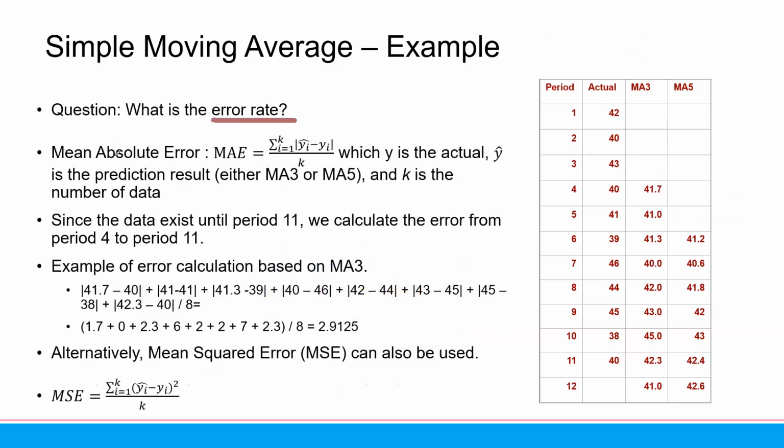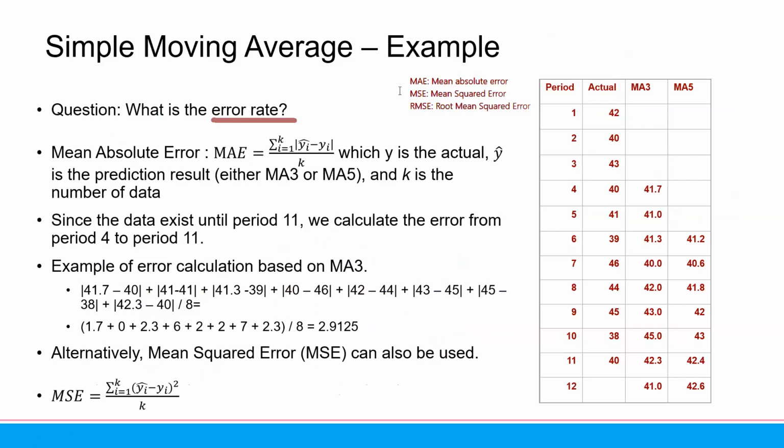I think you know already, when we do regression, we have some error measurements. We have the MAE, which is the mean absolute error. And we can also use the MSE, the mean square error, and also RMSE, the root mean square error.